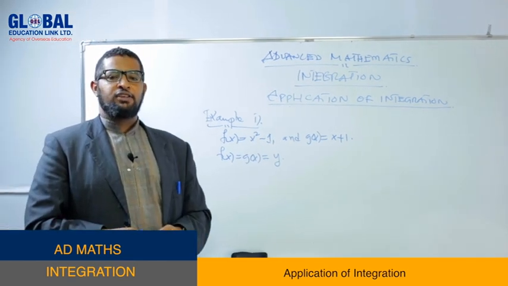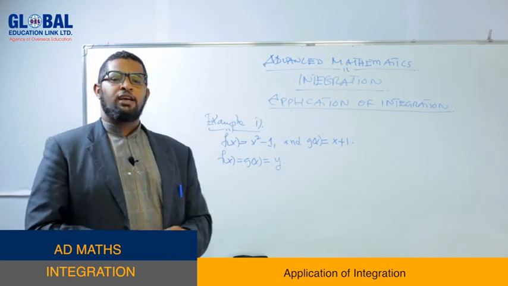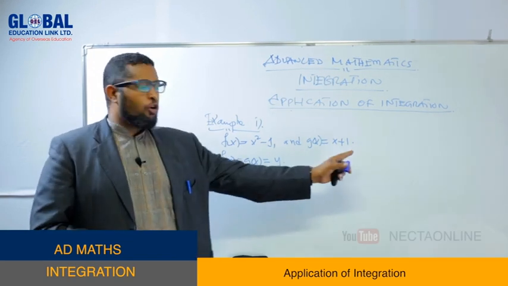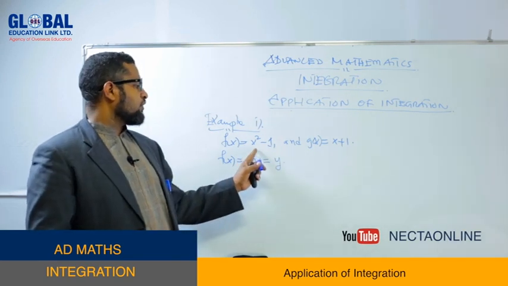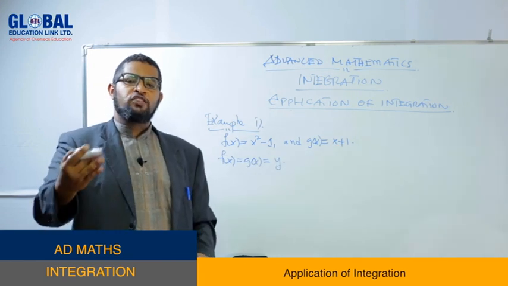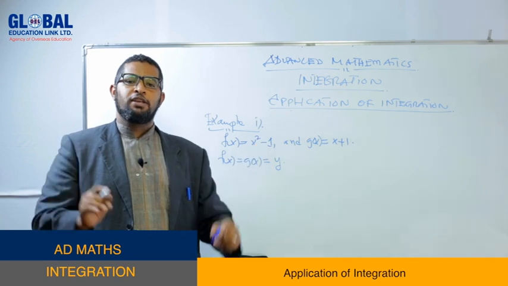It means x is the independent variable, but y is the dependent variable. Now we can solve the two equations by equating x squared minus 1 and x plus 1, so as to see which limits we are going to use when finding the area.